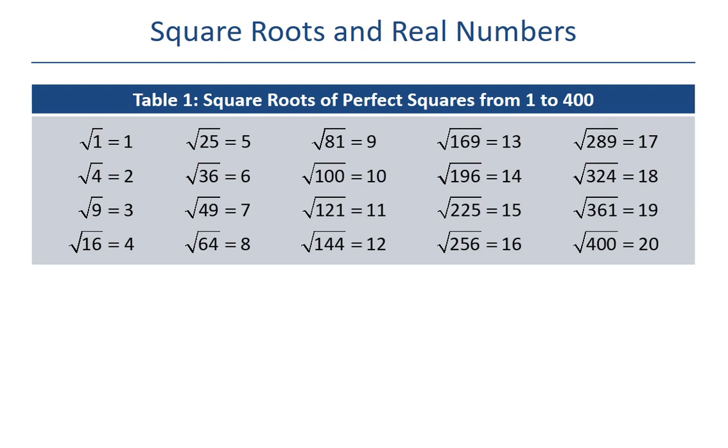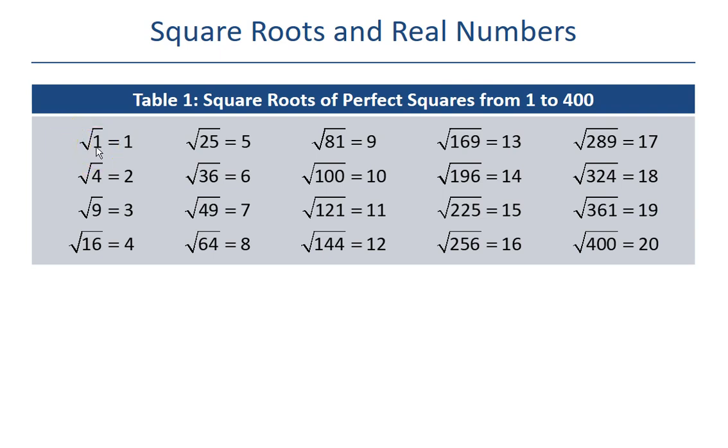Now, in this table, I thought it would be interesting just to look at all of these numbers that are under the radical sign. What is under the radical sign is called the radicand.